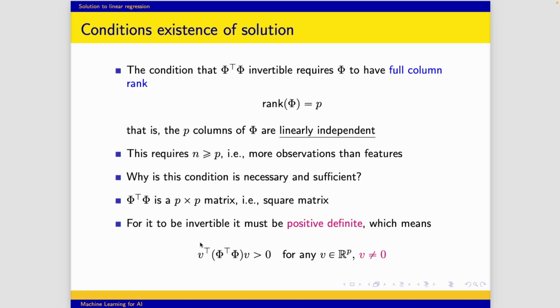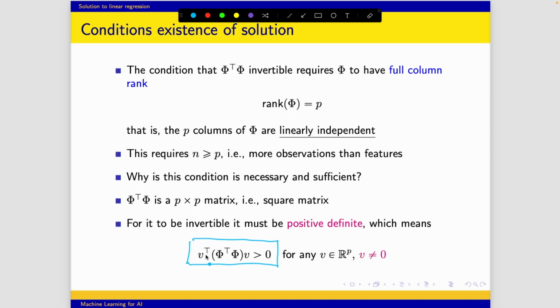It's this condition here: for any vector v that is not the zero vector, v transpose times our matrix that we want to be positive definite, times v, is greater than 0. Now, if I replace this with greater than or equal to 0, it becomes positive semi-definite. If I replace it with less than 0, it becomes negative definite. Less than or equal to 0, it becomes negative semi-definite.